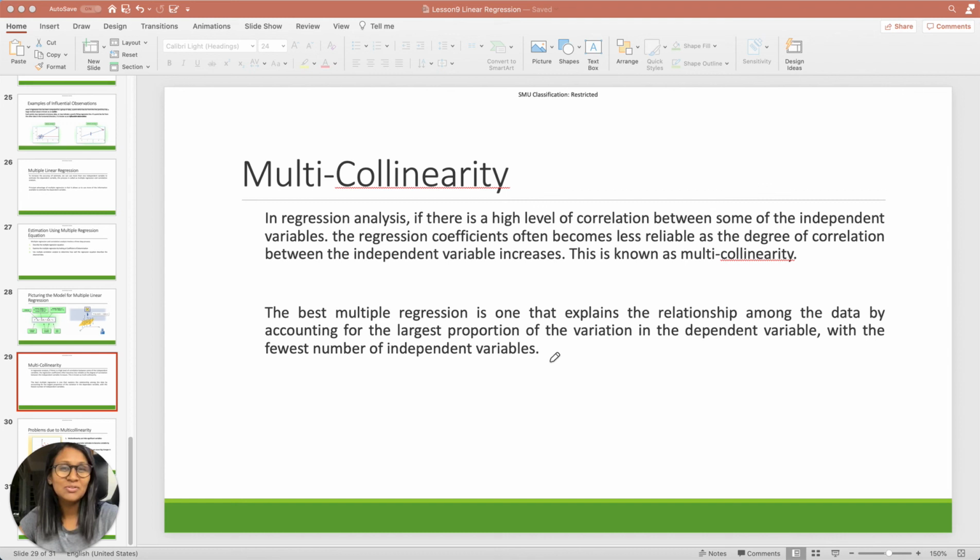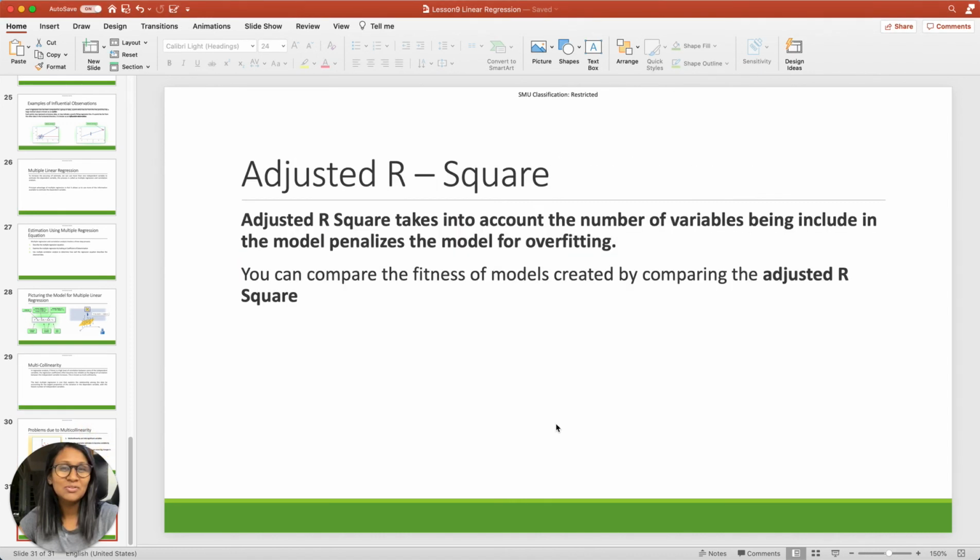So, for example, you have a model with 10 variables and you add another variable to make it an 11 variable model. R square will keep on increasing, even when the added variable does not have a statistically significant relationship with y, and we don't want that to happen. So we talk about another statistic that we take into account, which is known as adjusted R square.